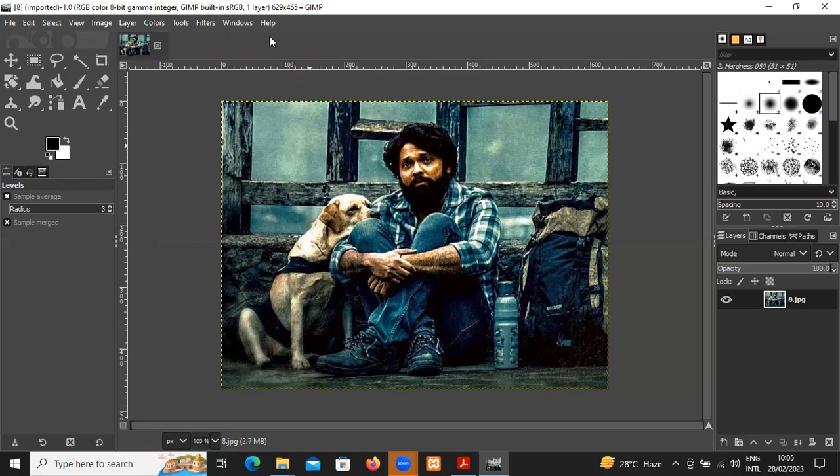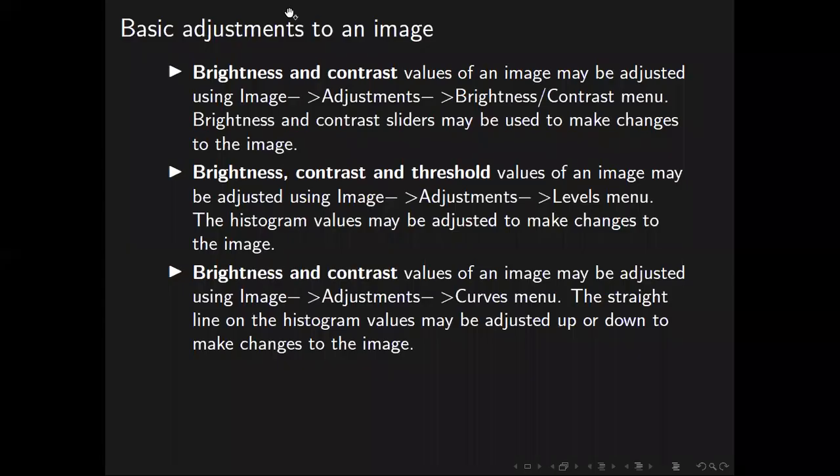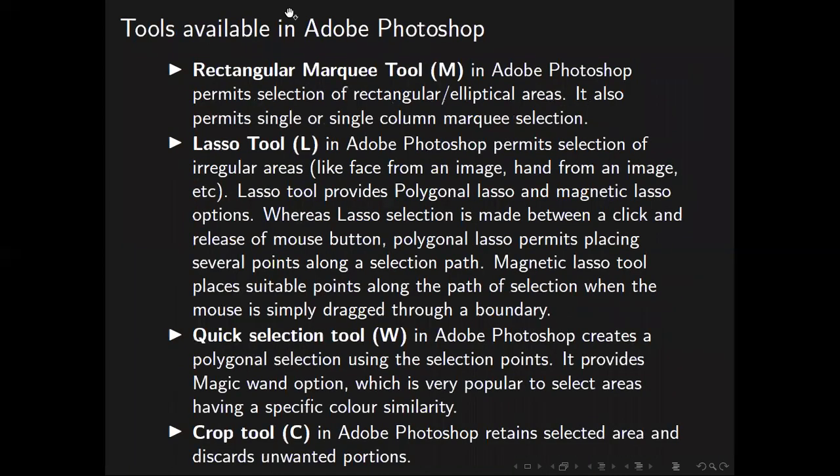All these are different names meant for adjusting the same parameters. One may find curves to be easy. One may find levels to be easy. One may find brightness contrast to be easy. Whereas all these are different ways of doing the same task. Okay, we will go back. Then brightness and contrast. We have already seen this. We will not repeat this.